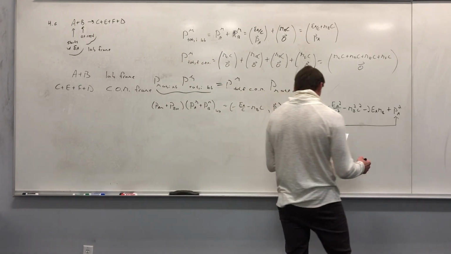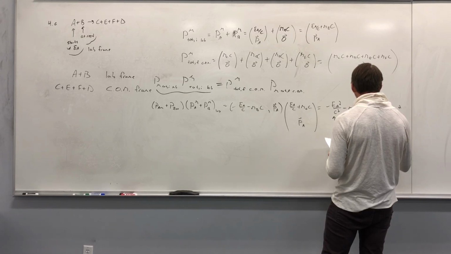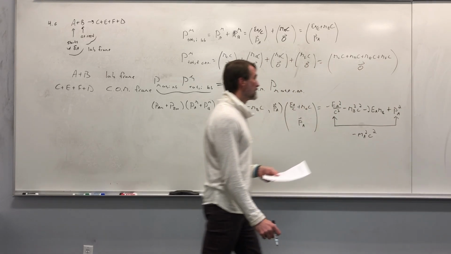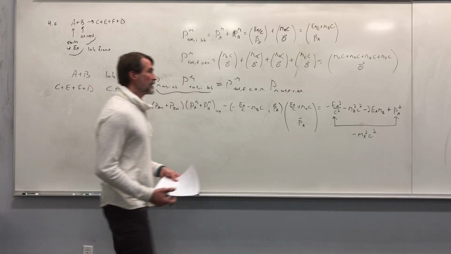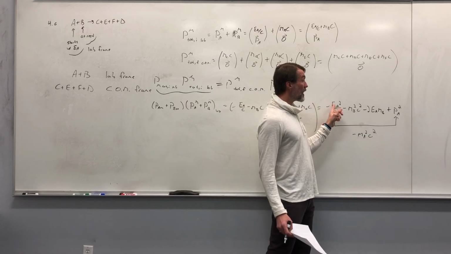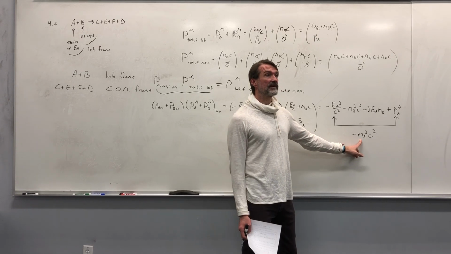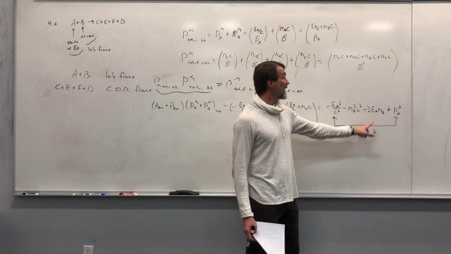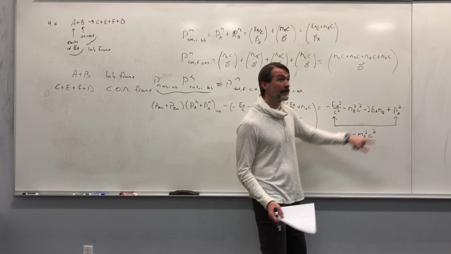So this is actually gonna end up being minus m_A squared c squared. All right? That is, I can get rid of this unknown energy, unknown momentum in place of just the rest mass energy of this particle. The energy that I'm trying to solve for is still in here. That's good. Okay?